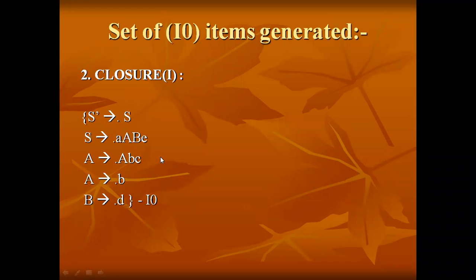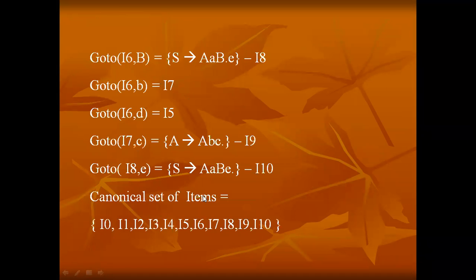Initially, when placing items at I0, the dot is inserted at the starting of the right hand side, right? But after performing the go to functions, the dot moves forward to the end of the right hand side.